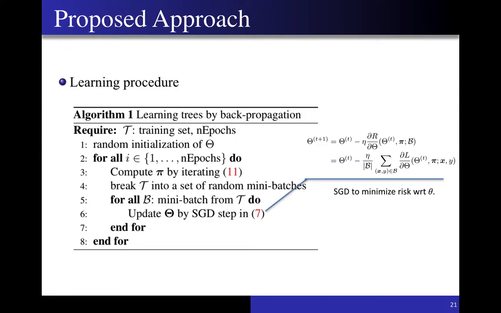Mini batches are used; the data is broken into small batches which are used to train. In step 6, we see stochastic gradient descent being used to update the theta values.